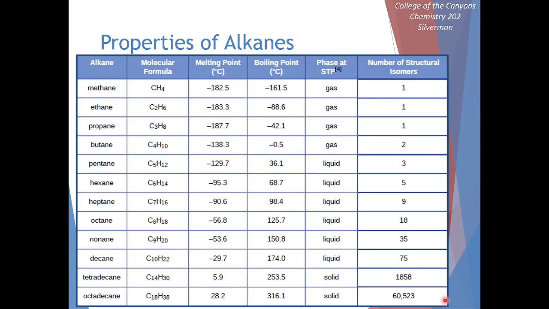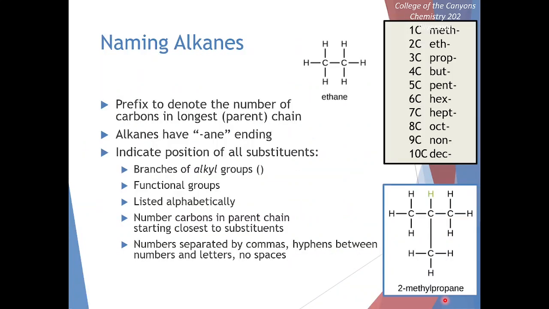All right, there we go. That's our simplest type of molecule. We do want to look at what to call these molecules. We want to look at our nomenclature rules. Our rules here, we're going to have a prefix to tell the number of carbons in our longest chain.